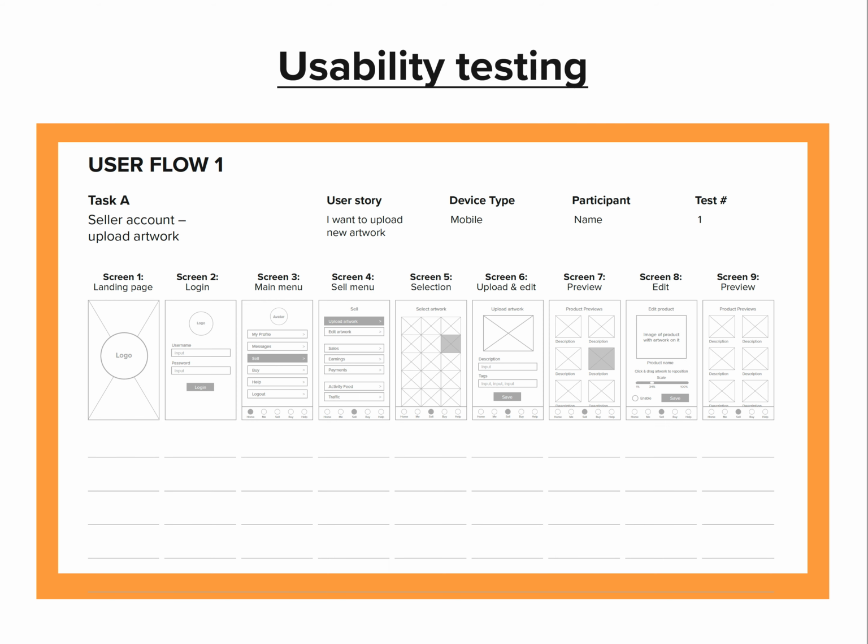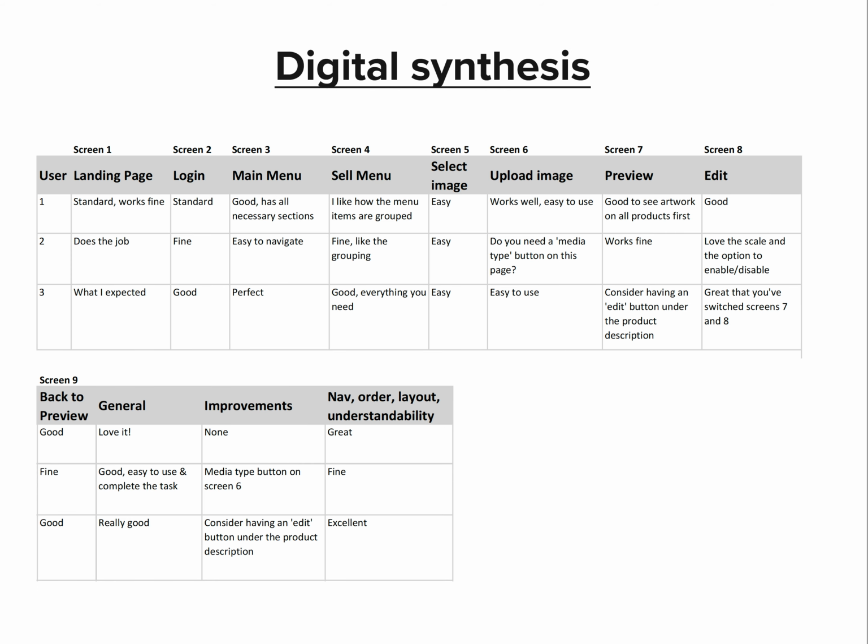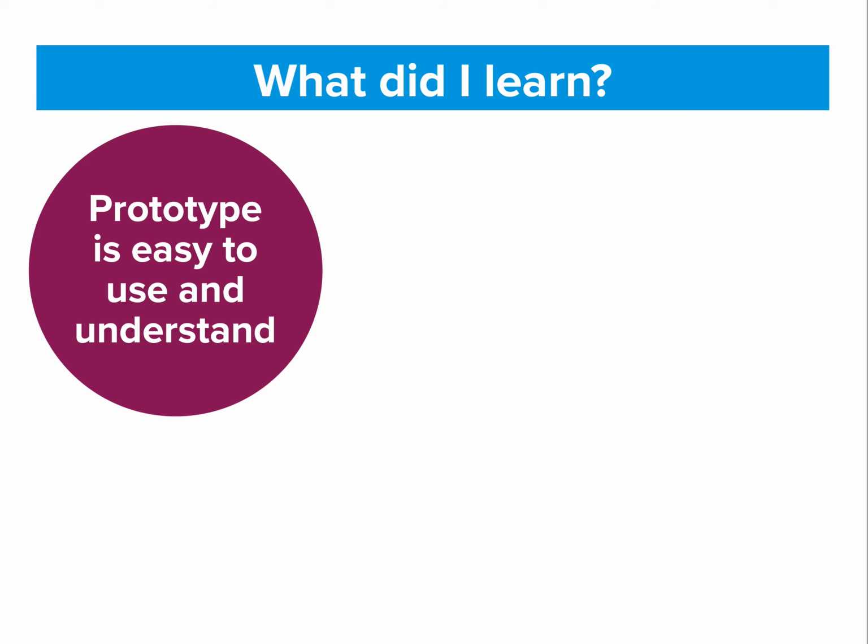Moderated remote usability testing was carried out due to the updated locations of the testers. Users were recorded via video conferencing, which allowed me to observe and record their behaviours. The results were then digitally synthesised, the result of which provided key insights.